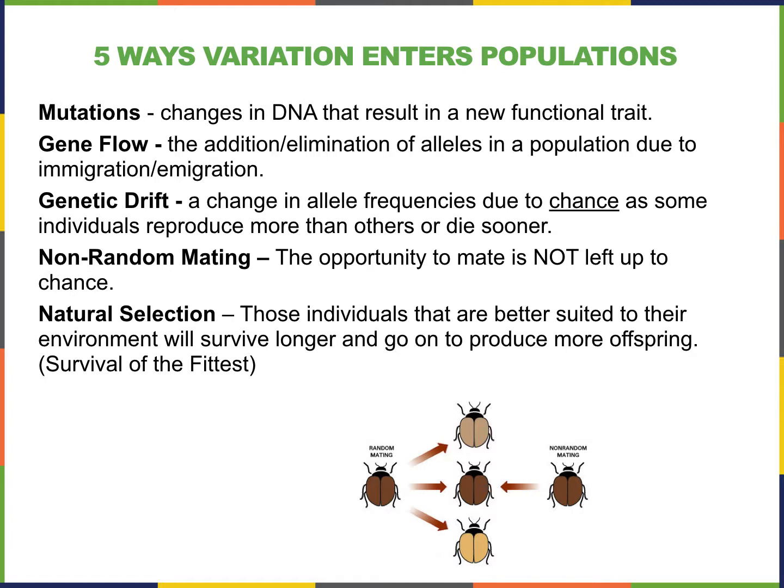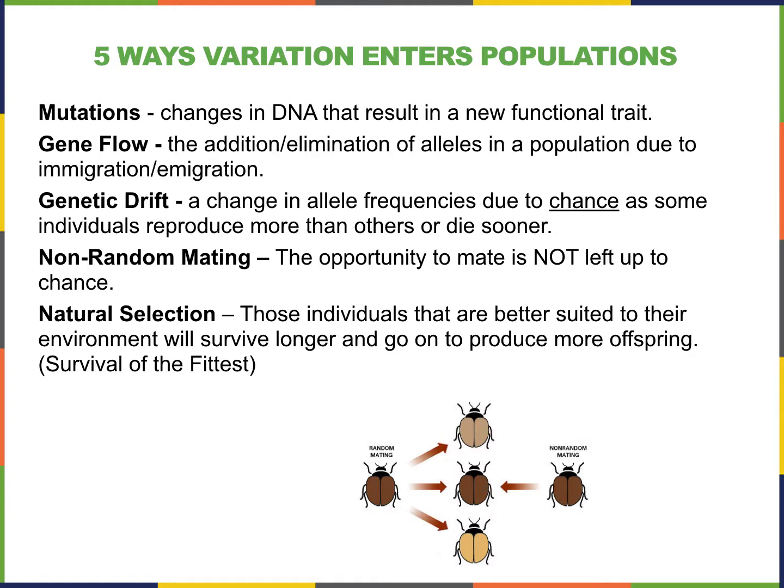Gene flow is when you add or eliminate alleles due to immigration, whether that be individuals moving into a population or individuals leaving a population. Genetic drift is the change in allele frequencies due to chance, because some individuals will reproduce more, some will die and not have the ability to reproduce, so this is just a natural drift.